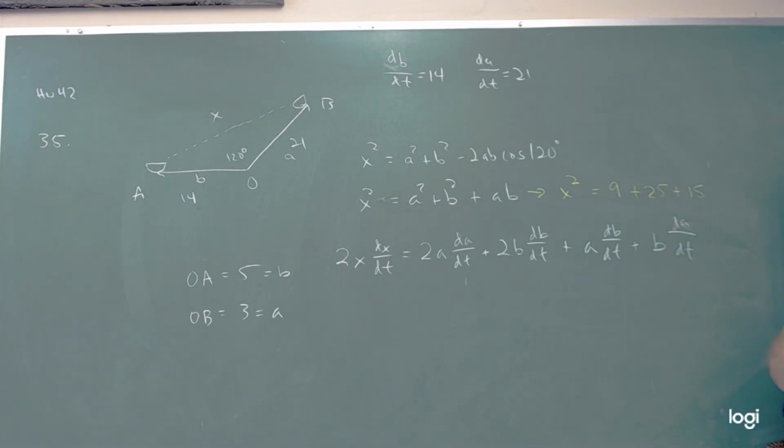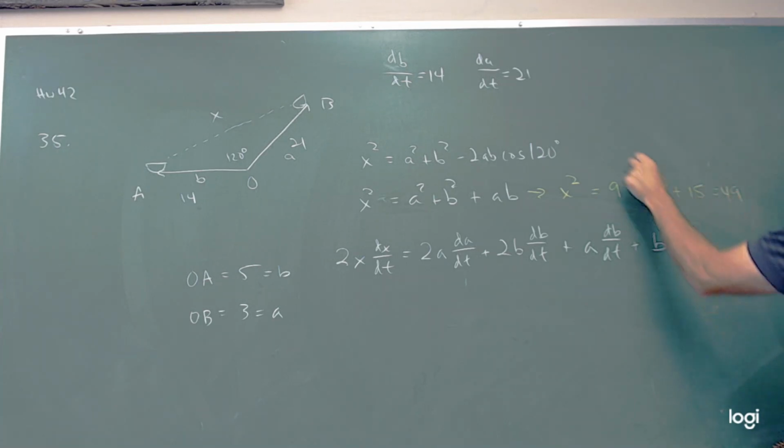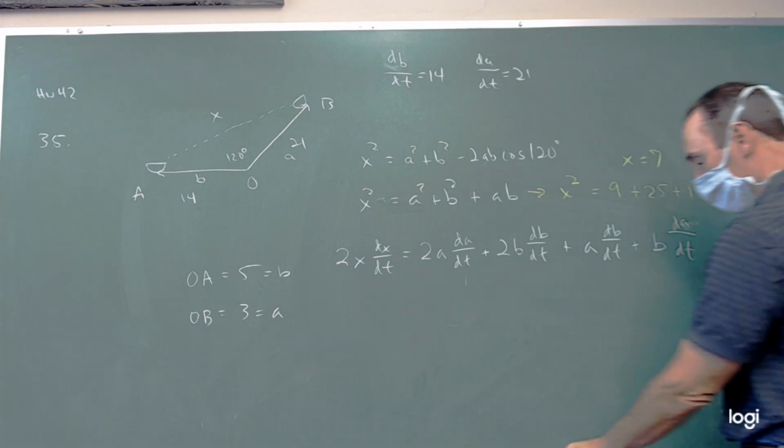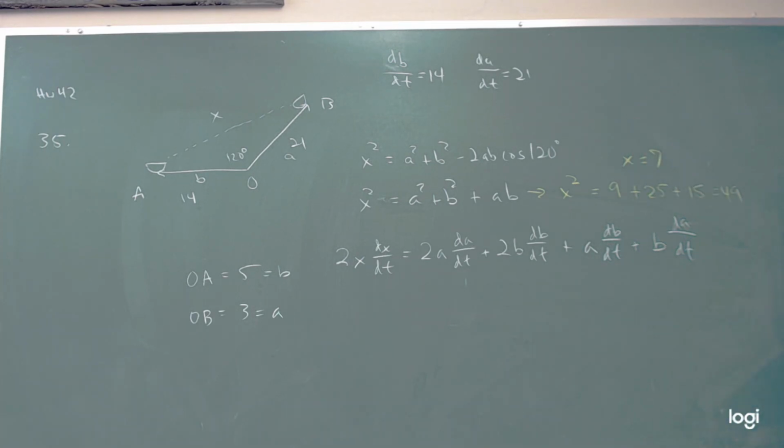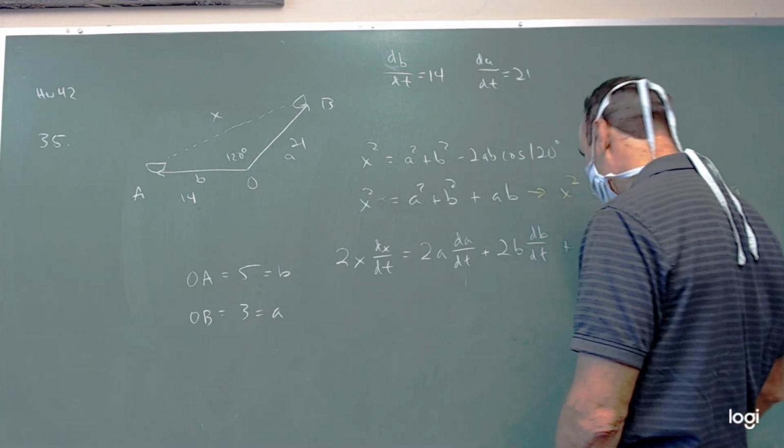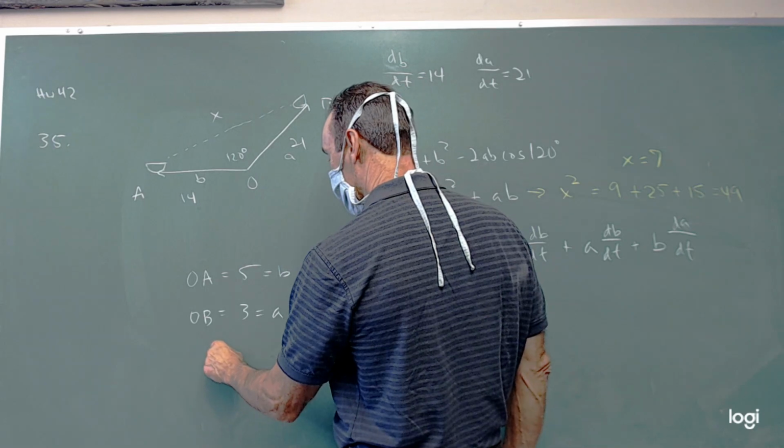Oh, look at that. It's 49. Somebody really worked hard on this problem to get such nice numbers. Is that okay? So now, what is it we're looking for? Yeah, we're looking for dx/dt.